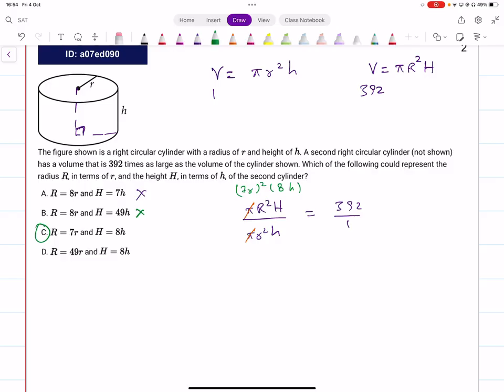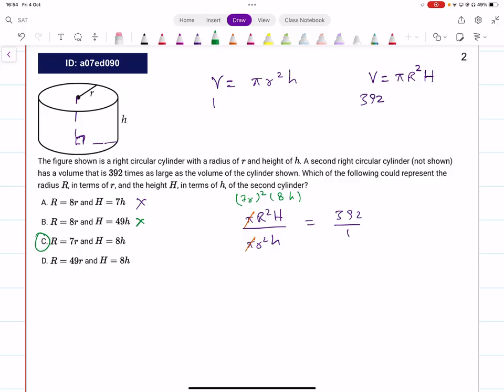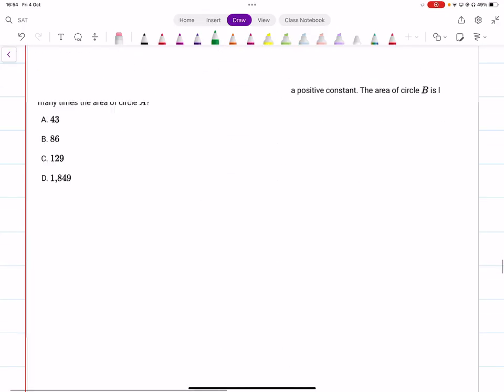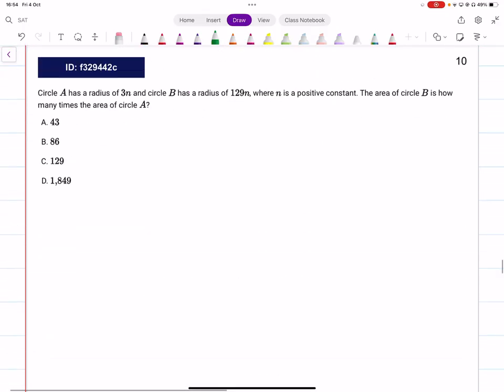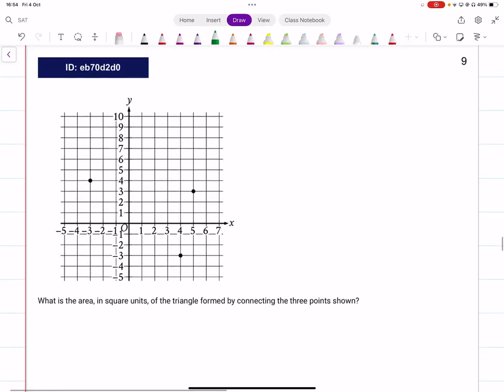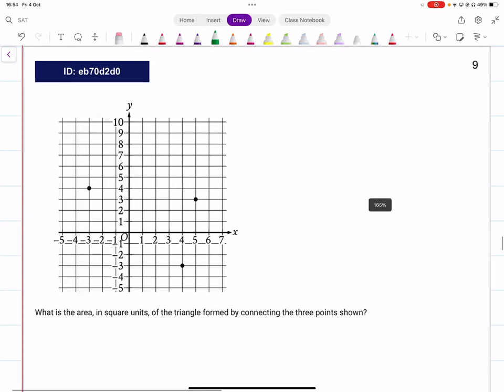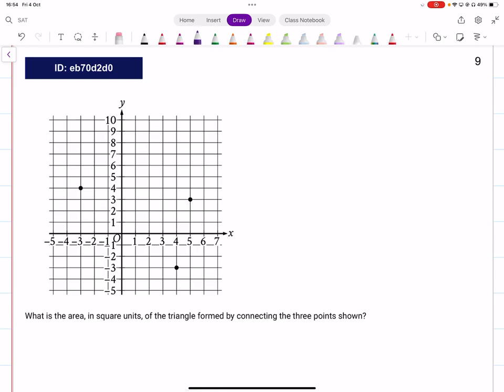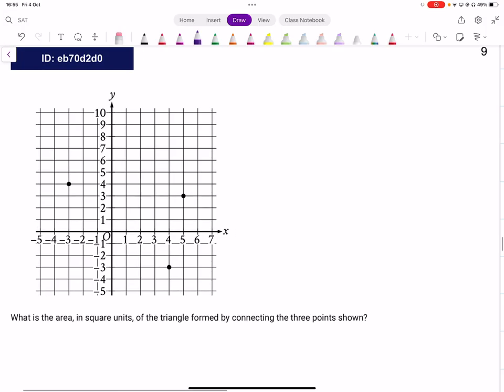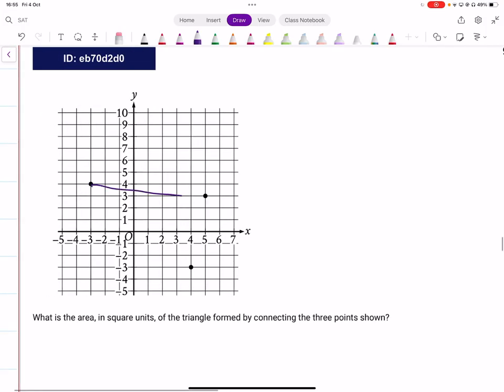That was question 2 from this. The next one is 9. Okay, question number 9. What's the area in square units of the triangle formed by connecting these 3 points? So you have this triangle.